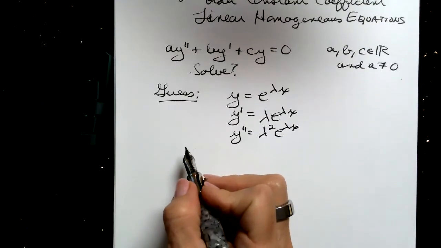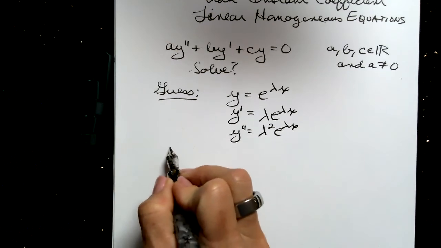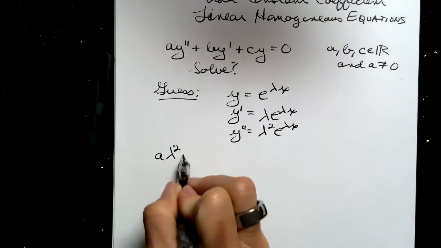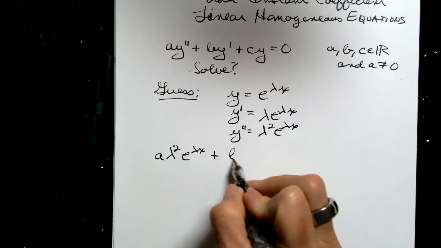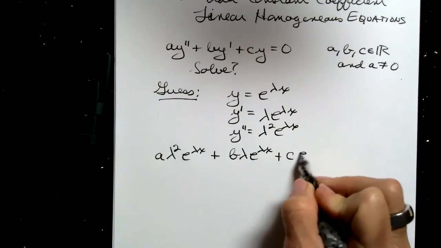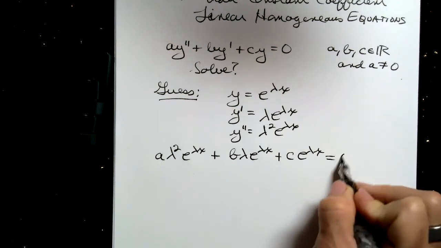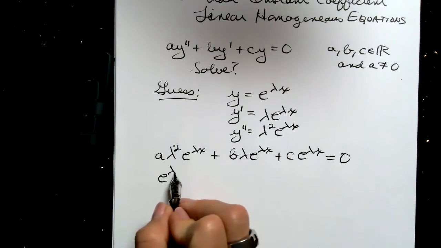So now we put that into our equation, and it says that aλ²e^(λx) + bλe^(λx) + ce^(λx) = 0. And notice there's a common factor of e^(λx), so let me take that out.